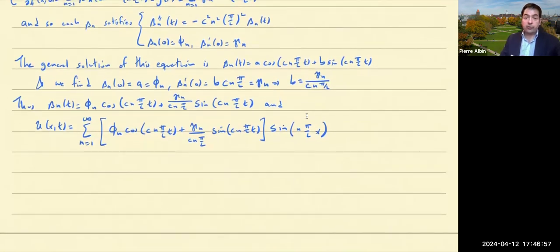Okay, so that's the general solution to the wave equation with Dirichlet boundary conditions.